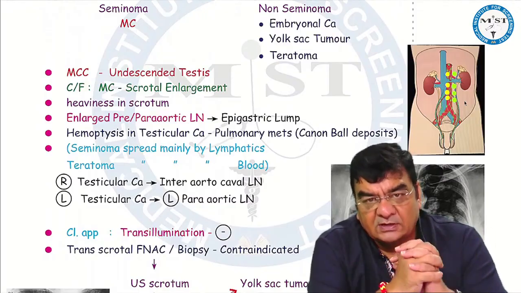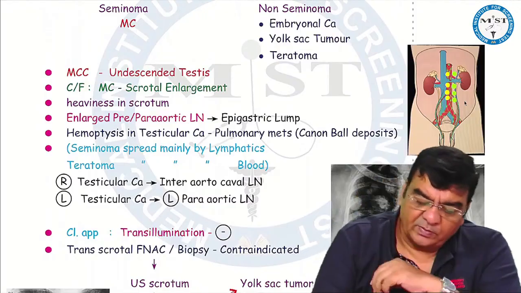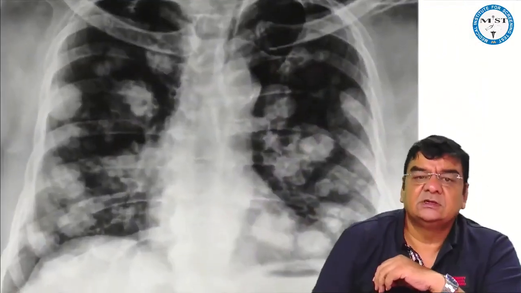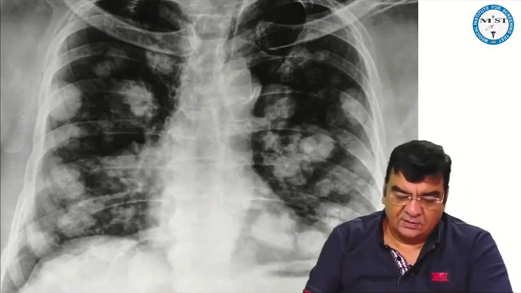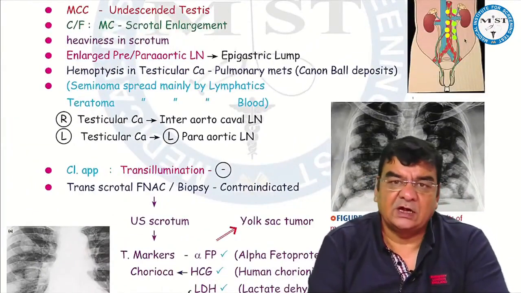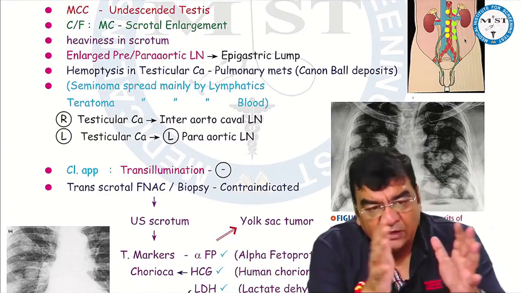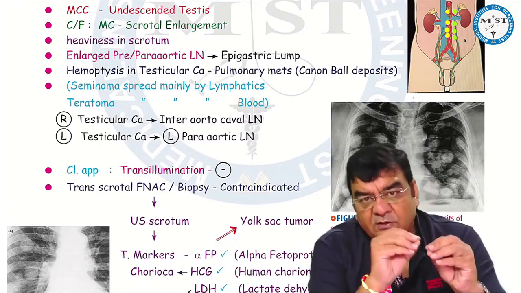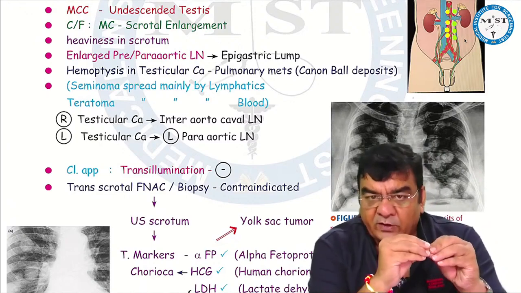Hemoptysis in testicular cancer indicates pulmonary metastasis, rounded cannonball deposits. Lung metastases are quite common in various cancers because ultimately cancer anywhere in the body, if it is spreading through blood, will be going in the veins.